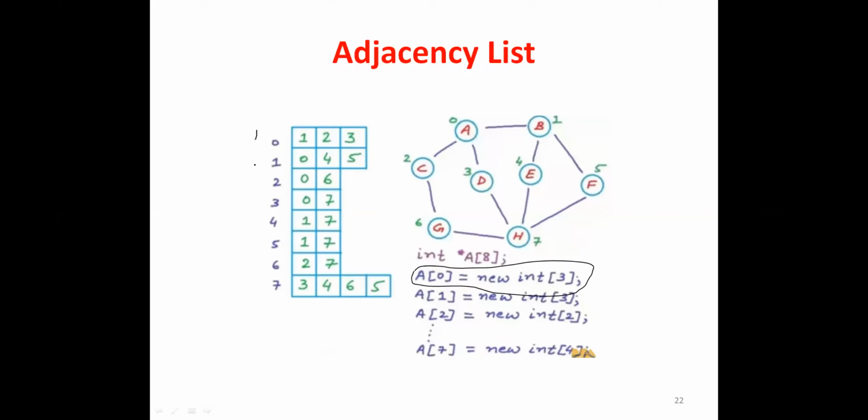This is a dynamic integer pointer. It is an array of integer pointers where each value stores the pointer to an array of integers. So each row is nothing but an array of integers. This is the adjacency list representation.